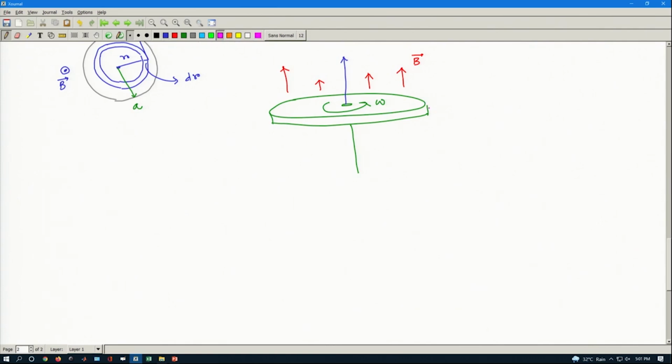So, if I complete the circuit, if I join this part and this part, then there should be a flow of current. If I call this current I, then it is simply the EMF we have, half of omega B a squared, divided by the resistance R. So, this is the amount of current.